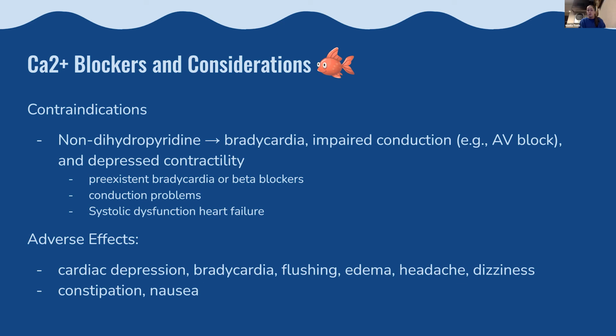You shouldn't be using it on someone who's got conduction problems, and you also shouldn't be using it on someone who has systolic dysfunction heart failure. So some adverse effects, like covered before, cardiac depression, bradycardia, flushing, edema, headache and dizziness, and you've also got some GIT, some more systemic effects like constipation and nausea.